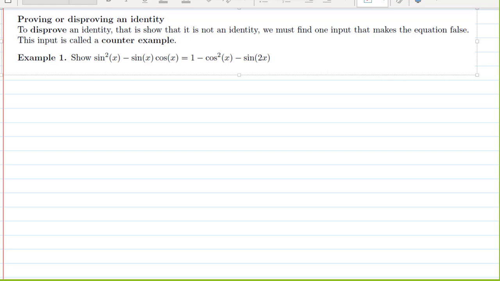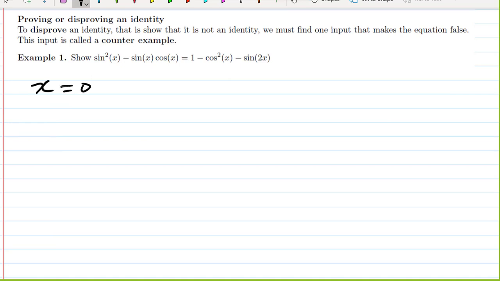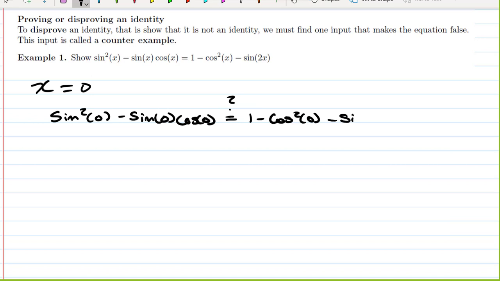So if we start picking some values to check to see if they're an identity, for instance, if I pick x equal to 0, and I put 0 into this equation, that gives me sine squared of 0 minus sine 0 cosine 0. And we want to know, does that equal 1 minus cosine squared of 0 minus the sine of 2 times 0?